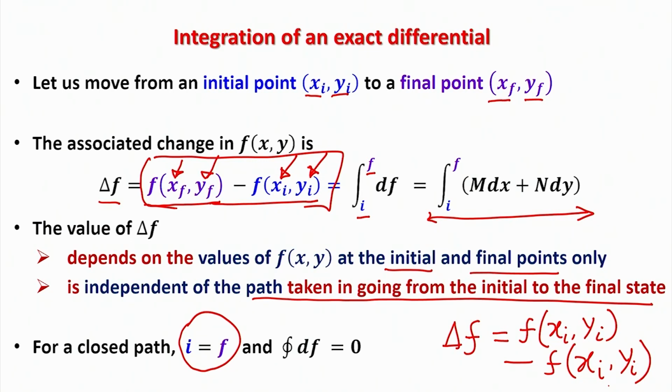Therefore, if I go from an initial point to another point that is the same as the previous one, this is a closed path, and the integration is then given a sign like this. And as you can see, if df is an exact differential, the cyclic integral of df is going to be equal to 0.